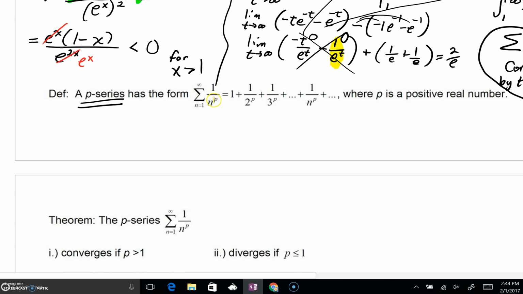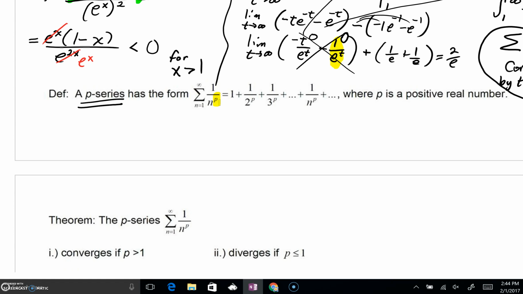Well, it's 1 over n to the P, and you're going to have an infinite sum from 1 to infinity. So what does that really look like? Well, if n is equal to 1, you get 1 over 1 to the P, which is just a 1. Let n equal 2, you get 1 over 2 to the P. Let n equal 3, and likewise you get 1 over 3 to the P. Add that up forever, and this is what you get.